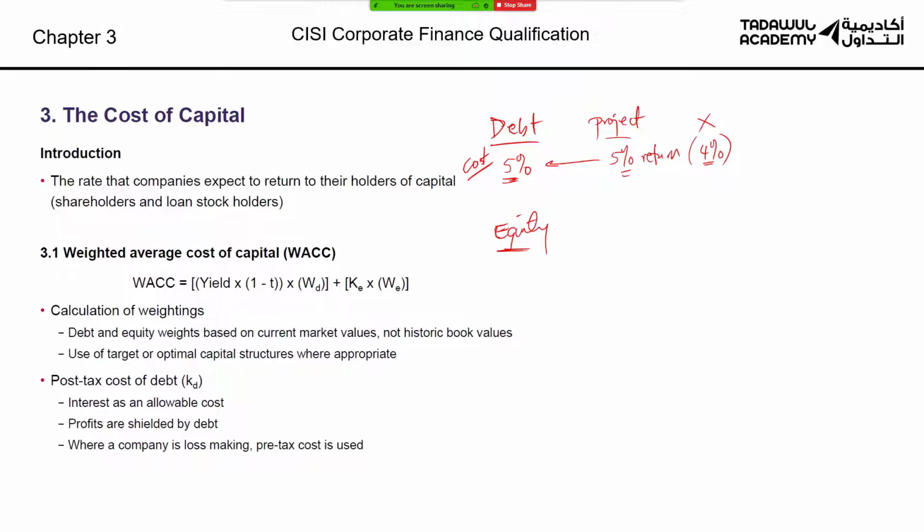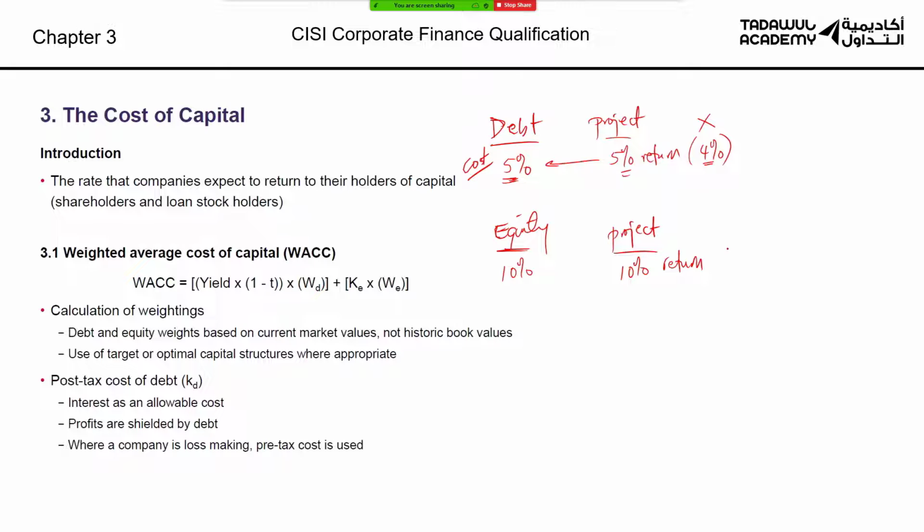So that equity, let's assume the shareholders are expecting a 10% return on their investment. So whatever project that you are going to go into, it has to return at least 10% in order to meet the shareholders' expectations.